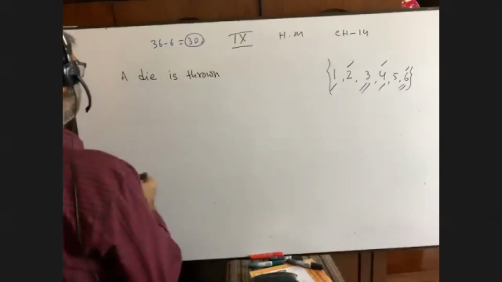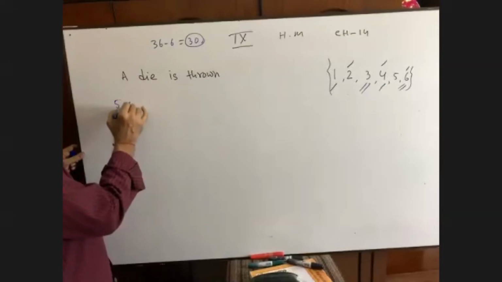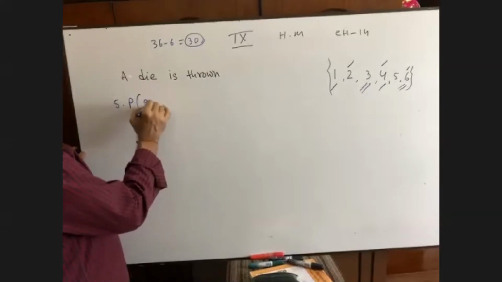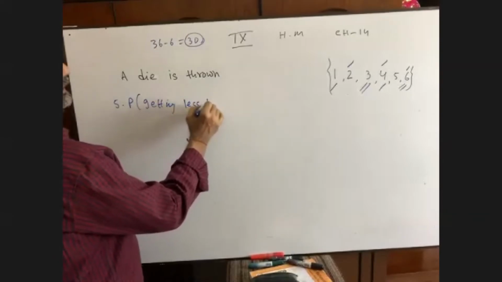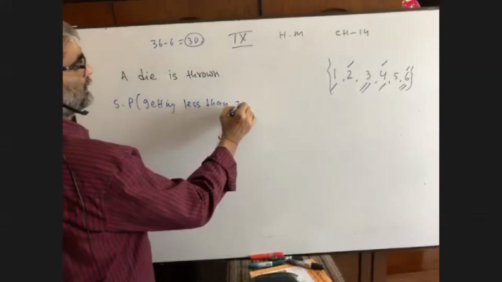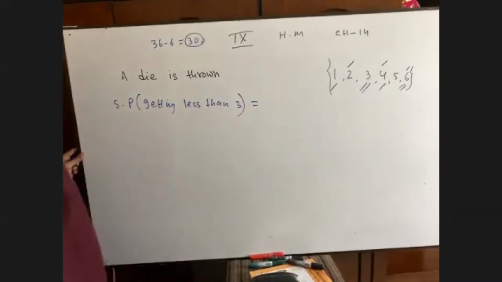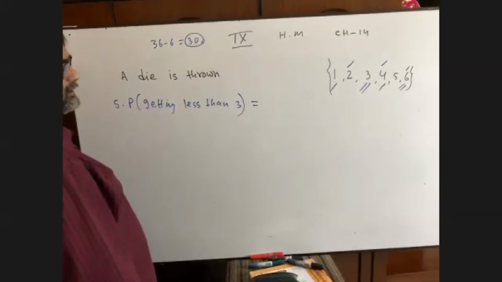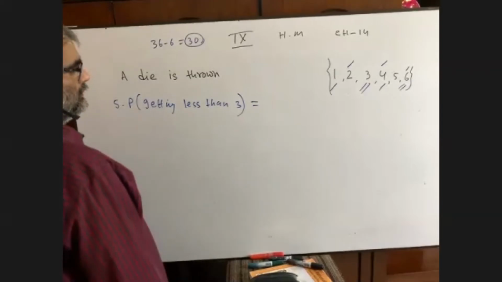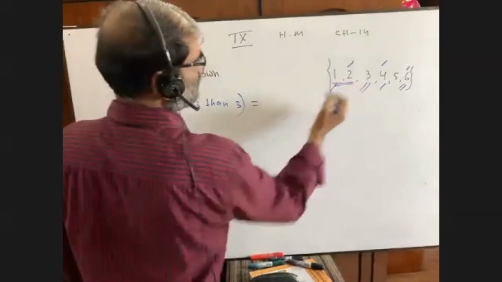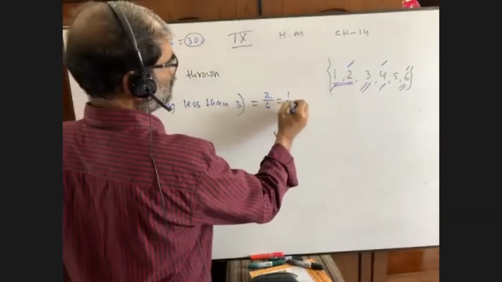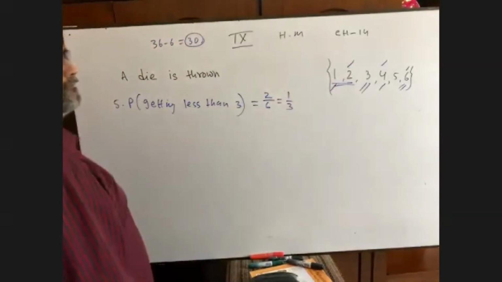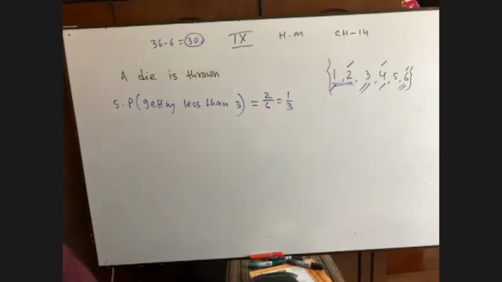Now, number 5. Getting less than 3. Less than 3 means 1 and 2. So 2 by 6. Very good.